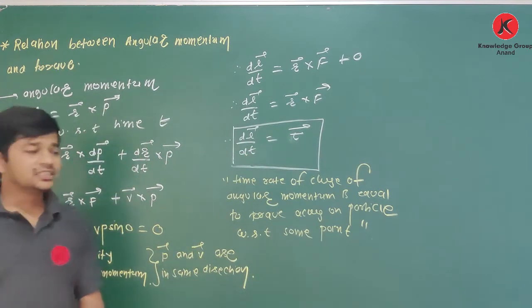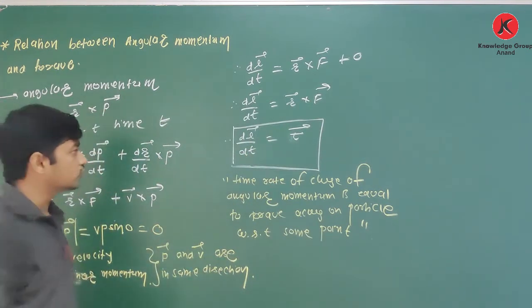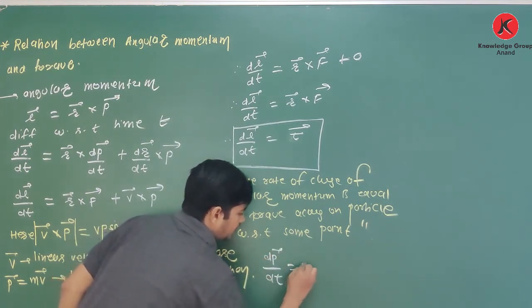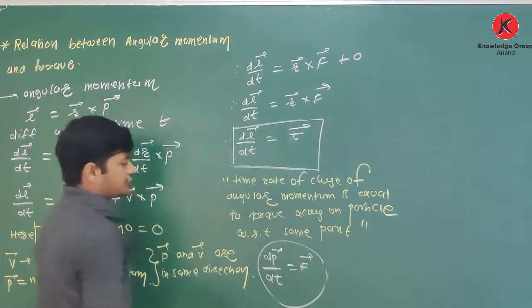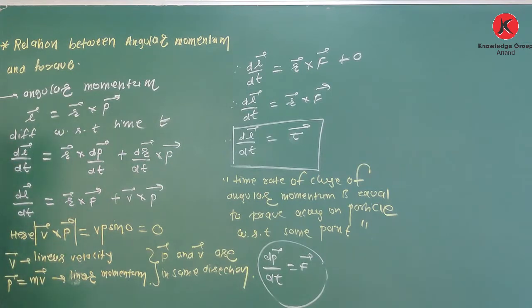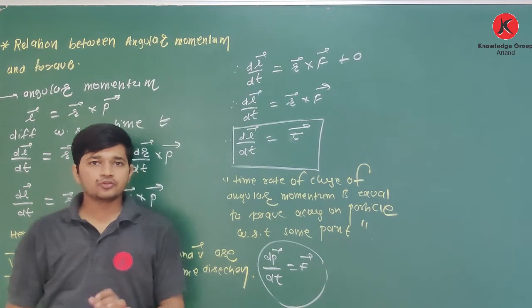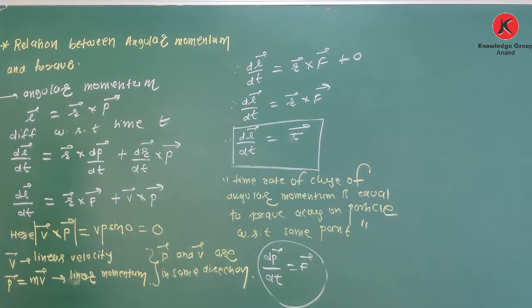Okay, and this equation is analogous to dp upon dt is equal to F. Clear about this? So yes, it is one important question for this chapter. You have to obtain the relation between angular momentum and torque.